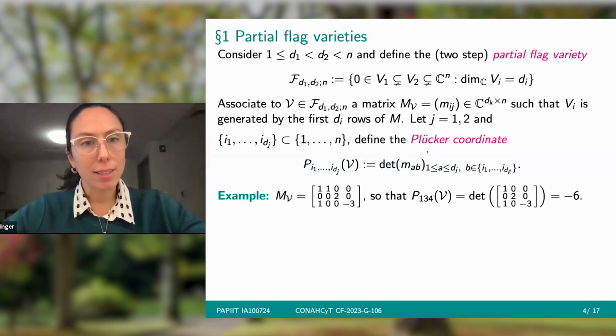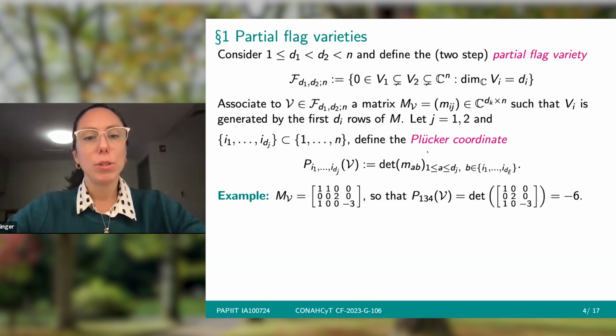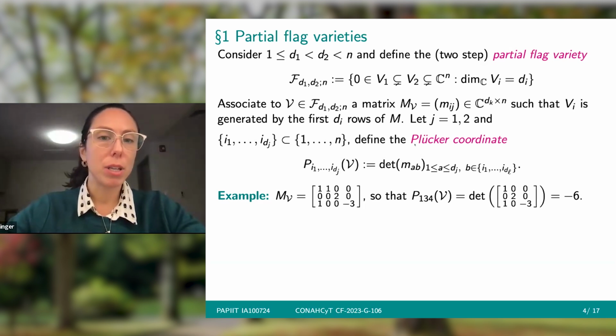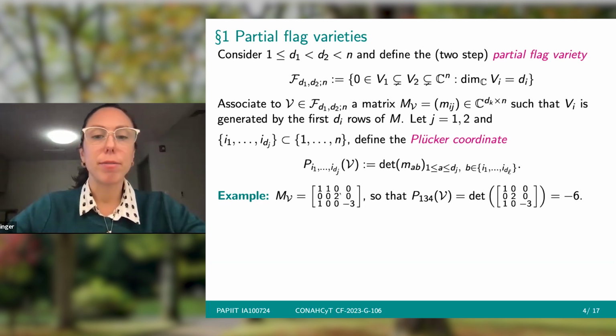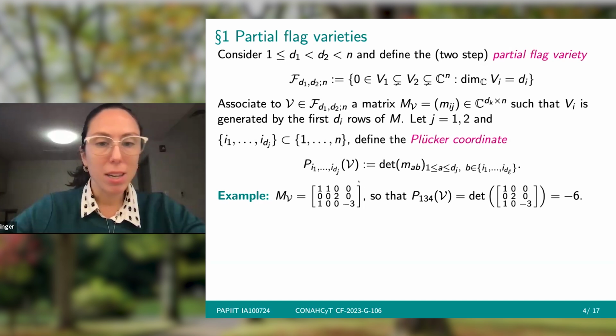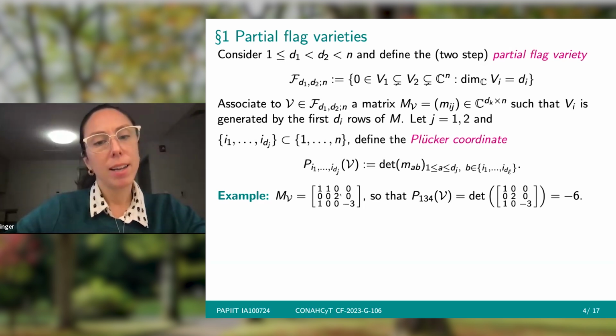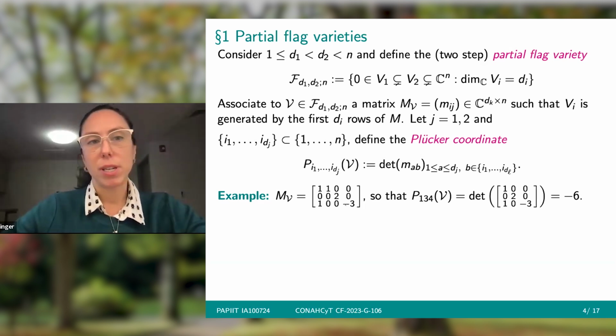And once I've done that, I can start parametrizing the flag variety by Plucker coordinates, which are just minors of this matrix, and the sizes of the minors will exactly be d1 or d2. So here's a little example. If my flag variety is, for example, (2,3) in C^4, then this could be a matrix representing a flag.